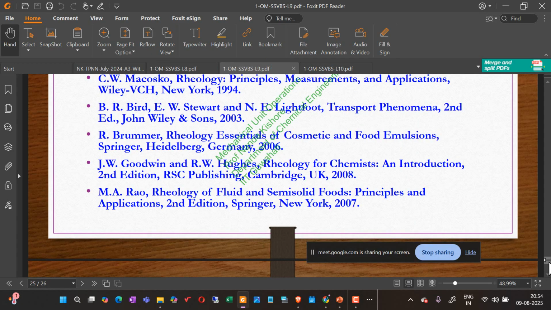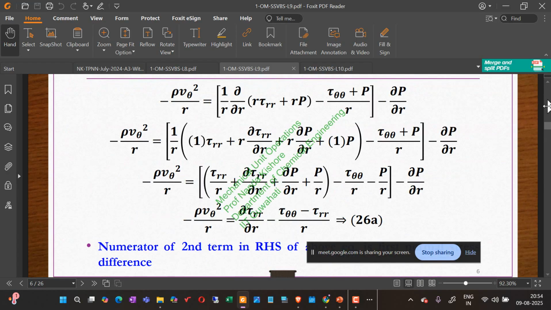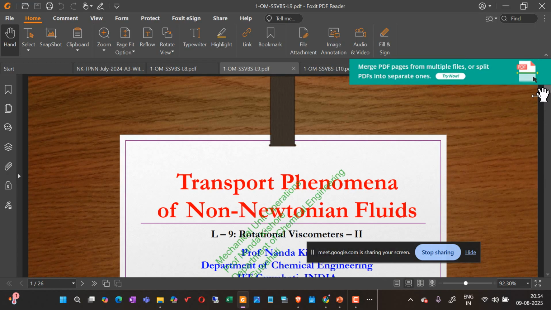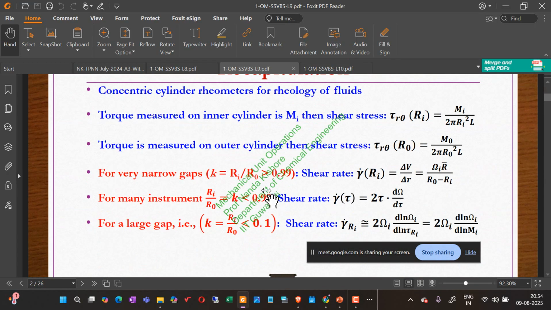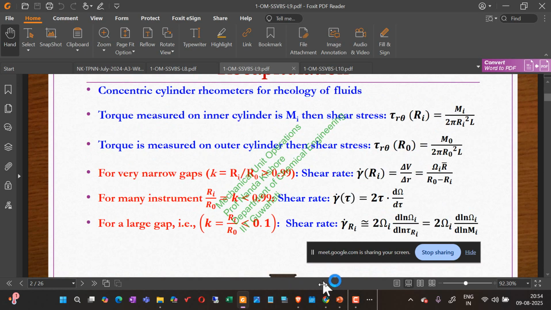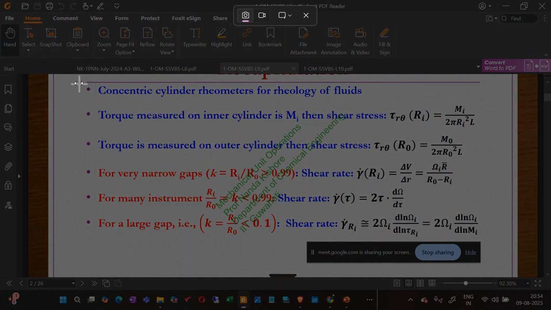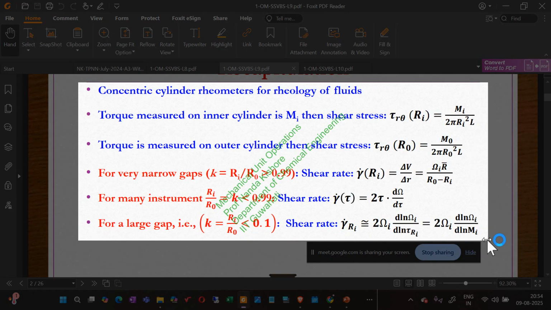In the second week, the first slide was the revisit of whatever you have learned. And if you see here, these shear rates are directly proportional to this omega, which is the rotational speed. So all these shear rates are directly proportional to omega, right? It will be a kind of solution for this.